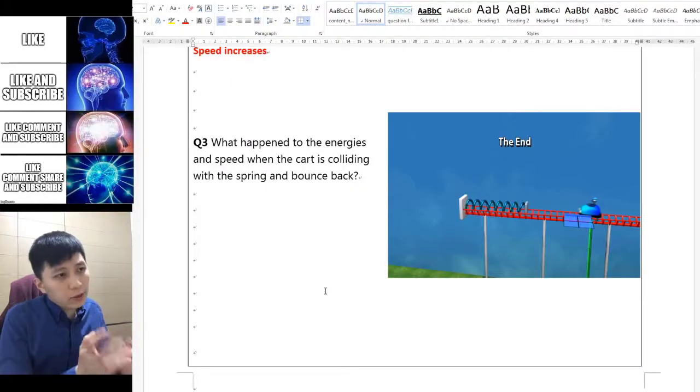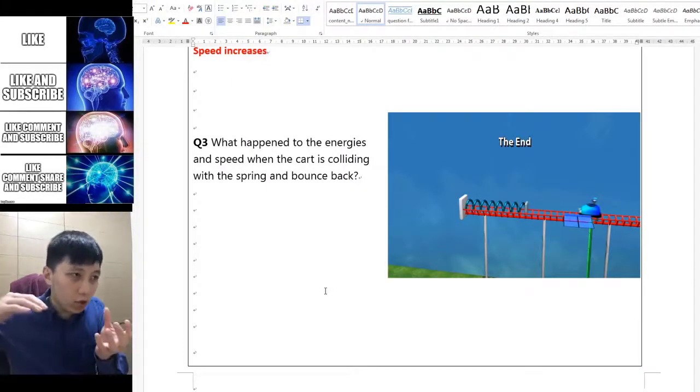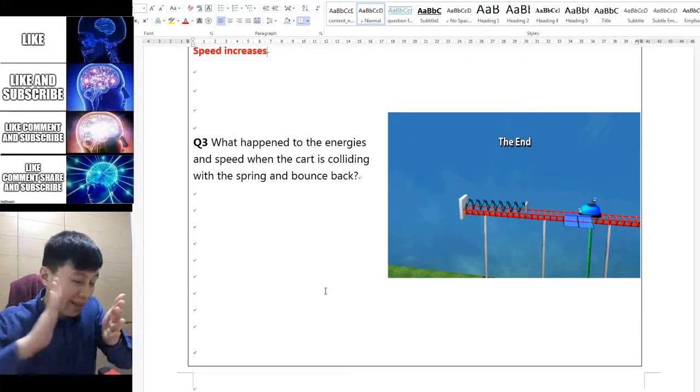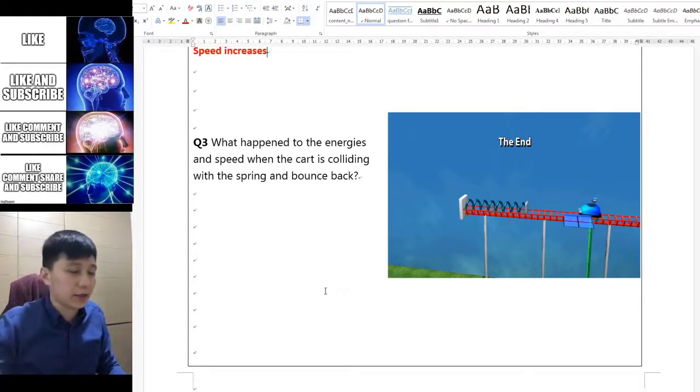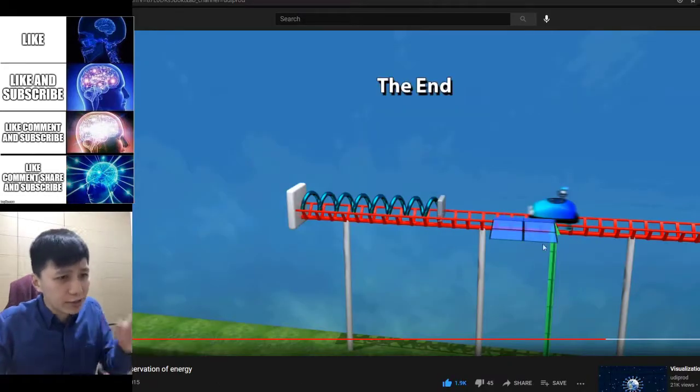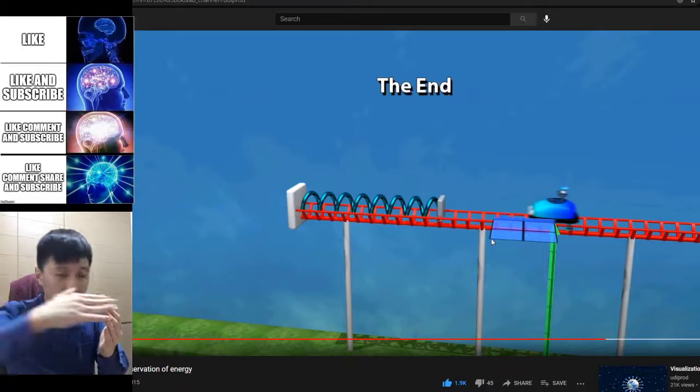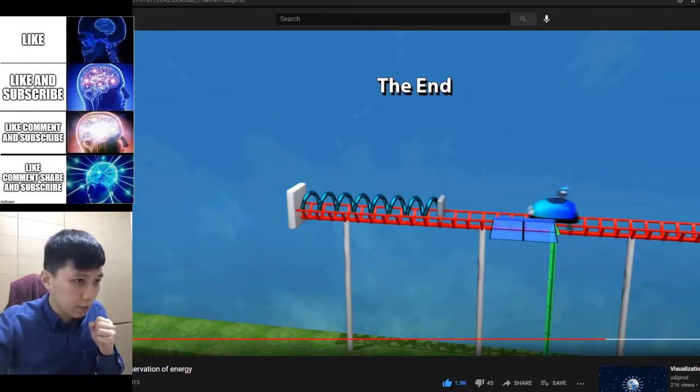Last question, what happened to the energies and the speed when the car is colliding with the spring? There should be a point where it will compress the most and then bounce back. Here you can see you have 4 grids of kinetic energy, so you have a certain speed going forward towards the spring.